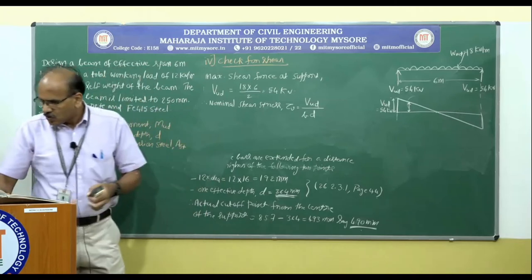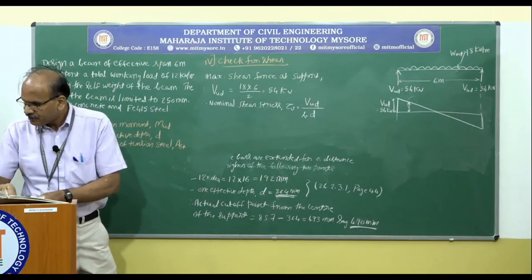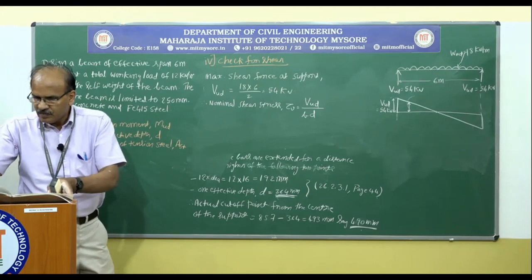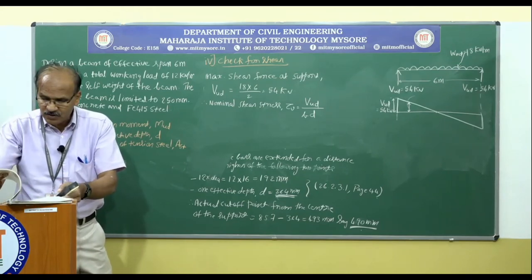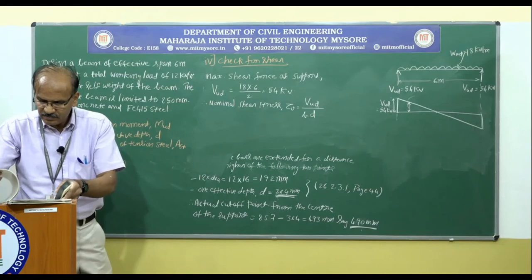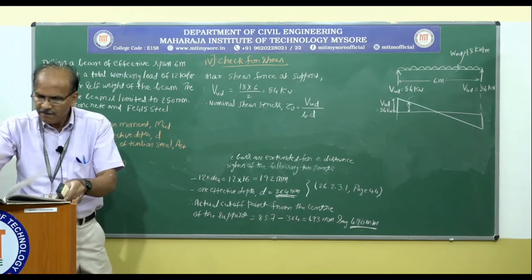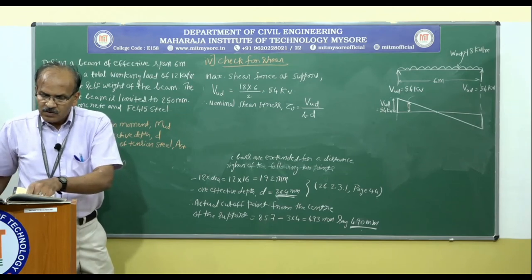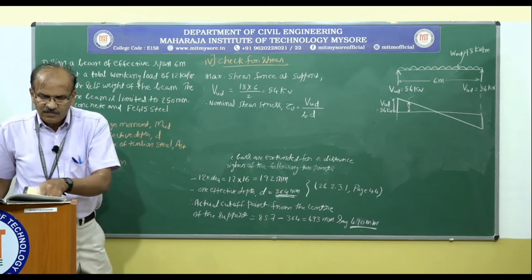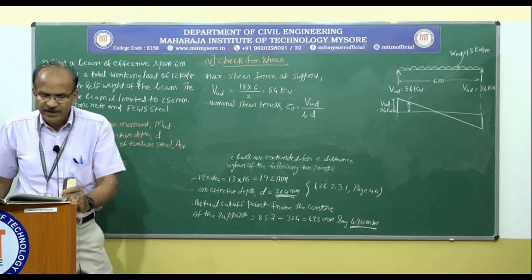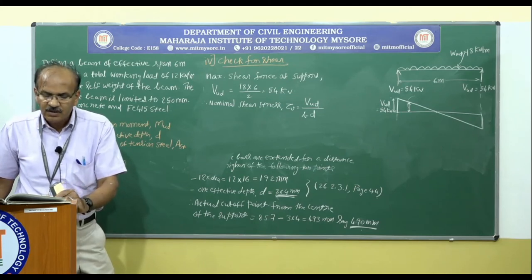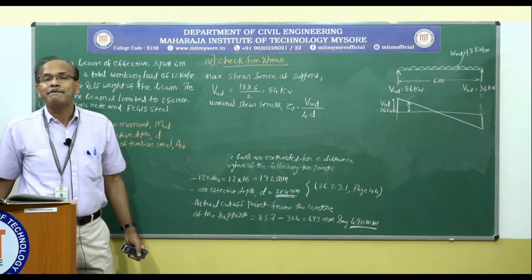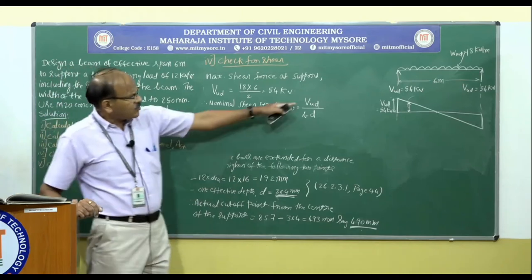Okay. So here, if you go to page number 72 of the code book, please go there. Okay. So if you look under 40.1, page 72, it says the nominal shear stress tau V equal to VU divided by BD. So that's what I have written here.